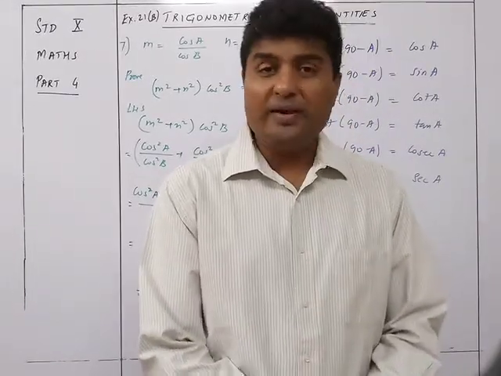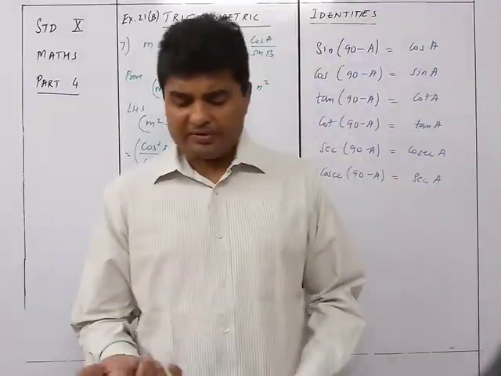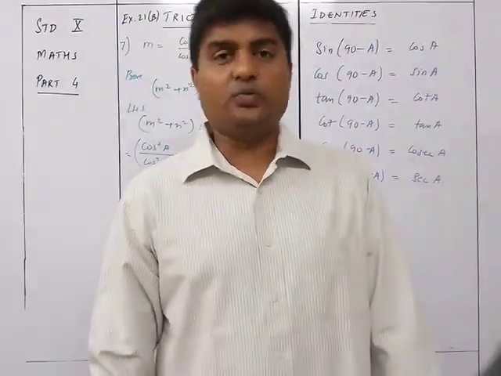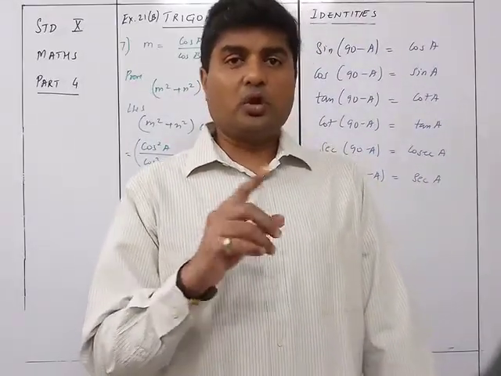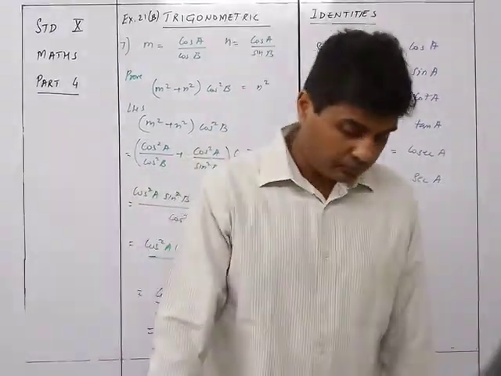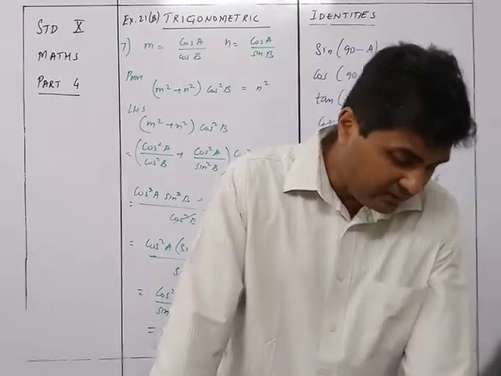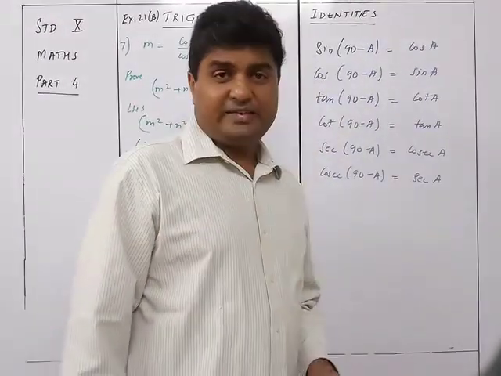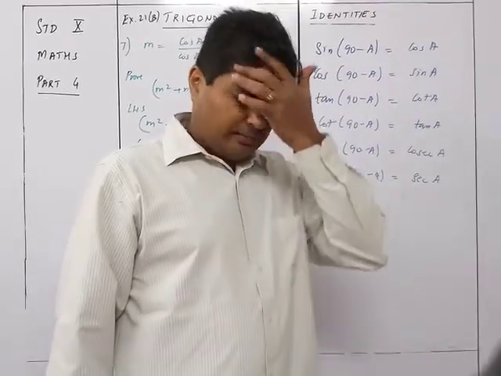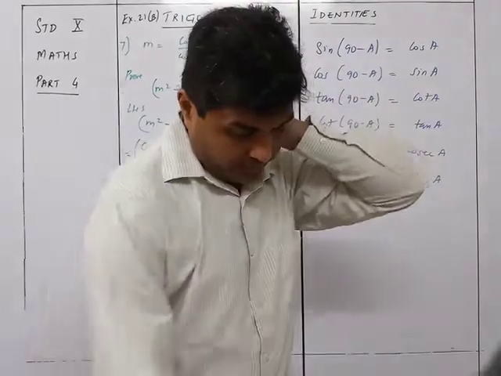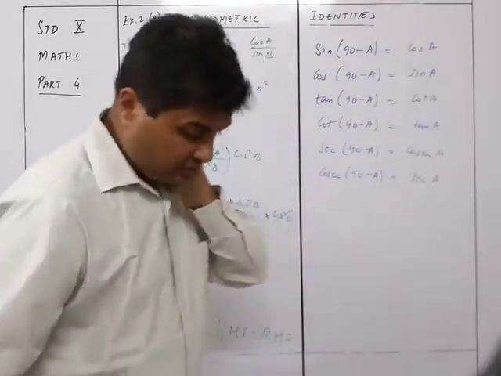If you remember, sin 30 is 1 upon 2 and cos 60 is 1 upon 2. So cos 60 is nothing but sin of 90 minus 30. That is how we are saying it.